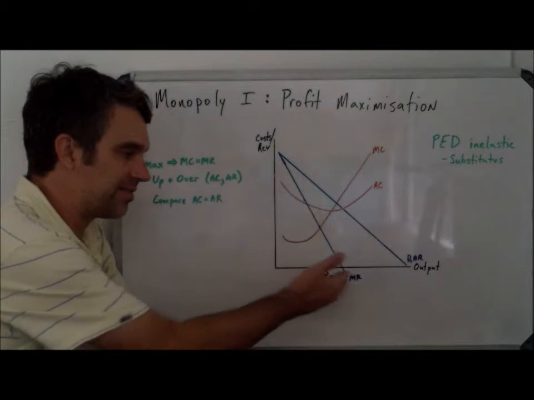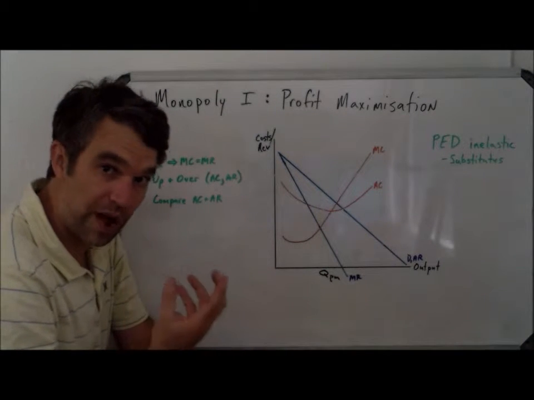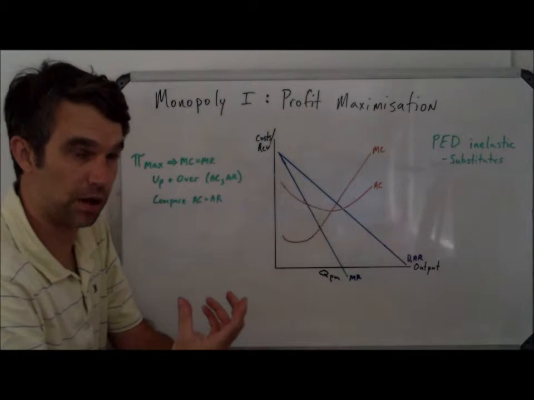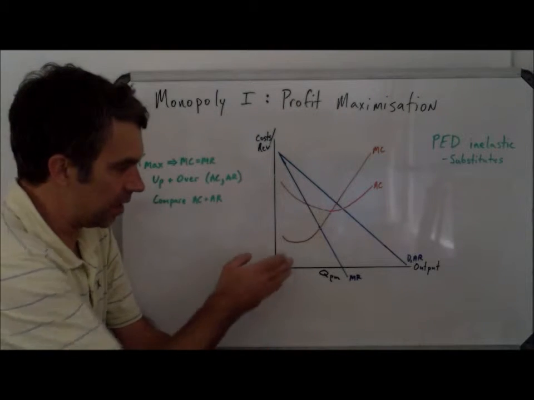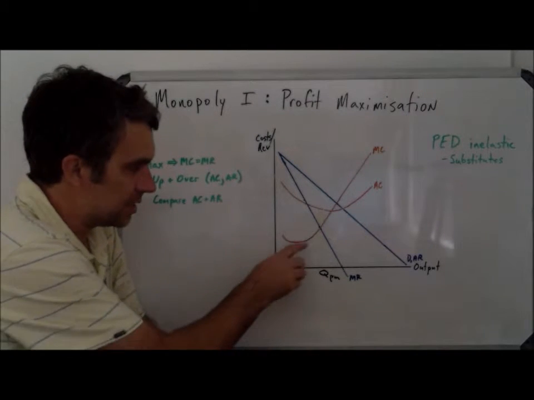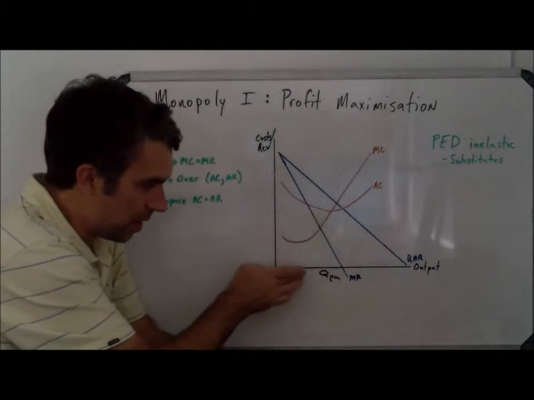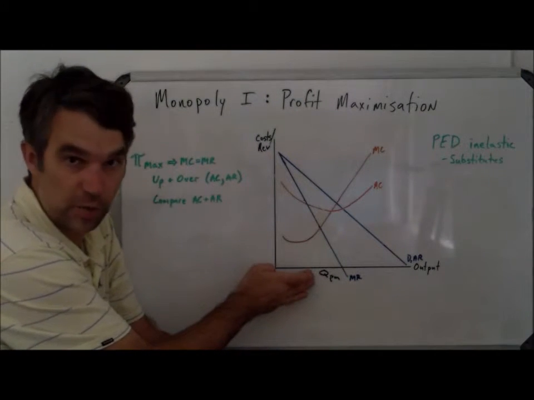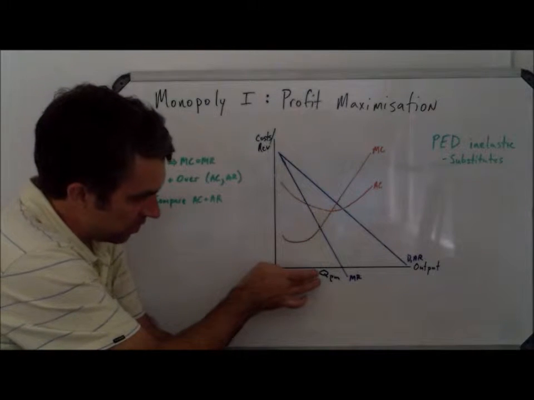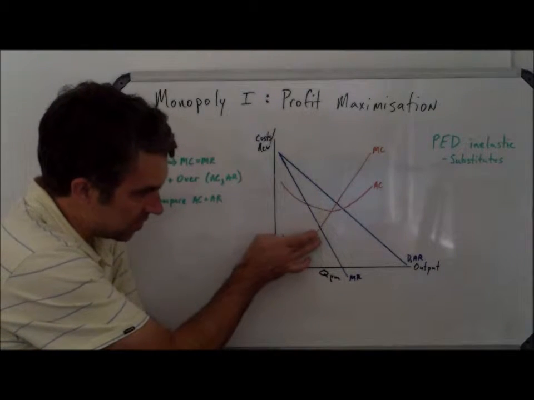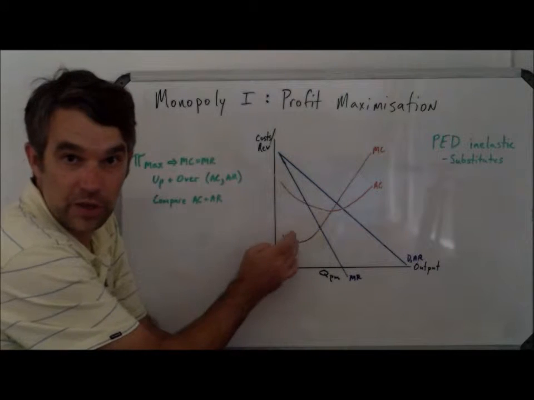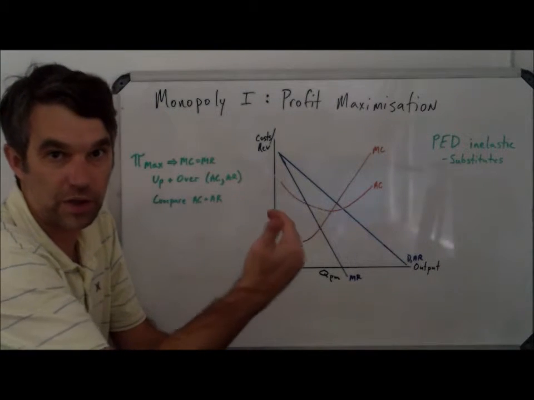Any quantity to the left or right of that, the profit for this company is going to be smaller. Remember what we're saying here. In a marginal sense, if I go straight up above a quantity to the left of QPM, the marginal costs are smaller than the marginal revenue, so by producing it, profit grows.